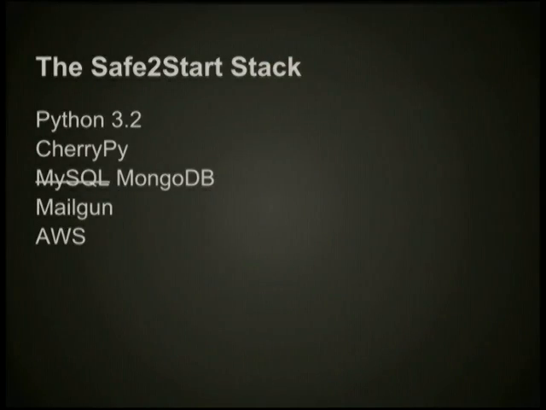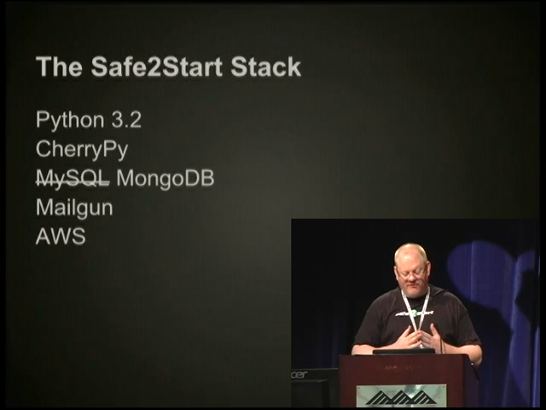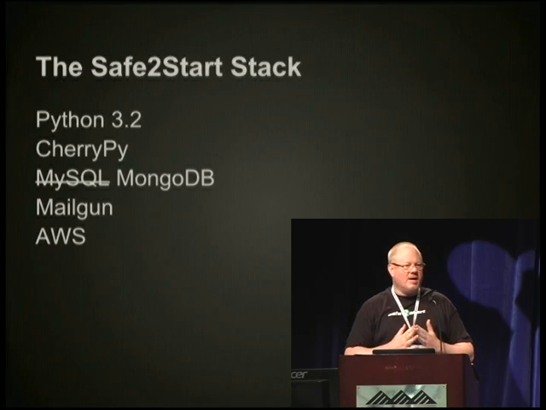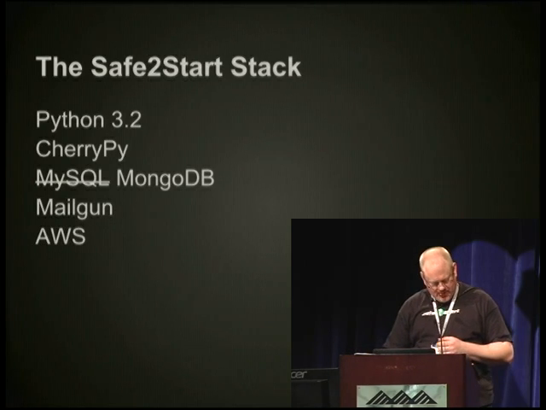So what I ended up with is Python 3.2, Cherry Pie. Started out with MySQL and then switched to Mongo. For the reasons that people use NoSQL databases, I felt like the schema enforcement was killing me. So we switched. We use the most excellent Mailgun, and all of this is deployed on Amazon Web Services.